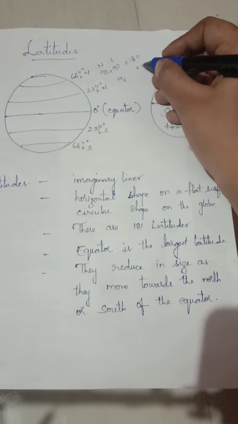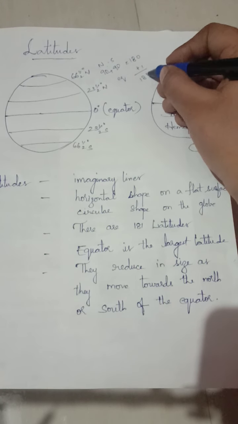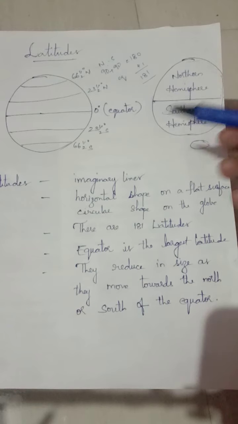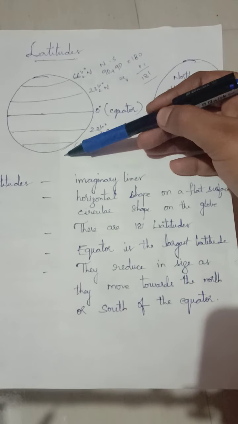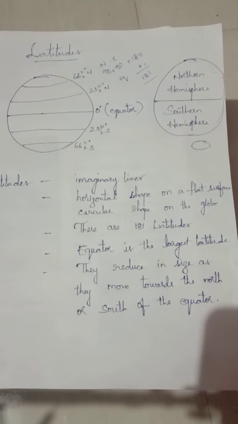So altogether total number of latitudes are 181. Latitudes are 181 in number, and these are the important latitudes.